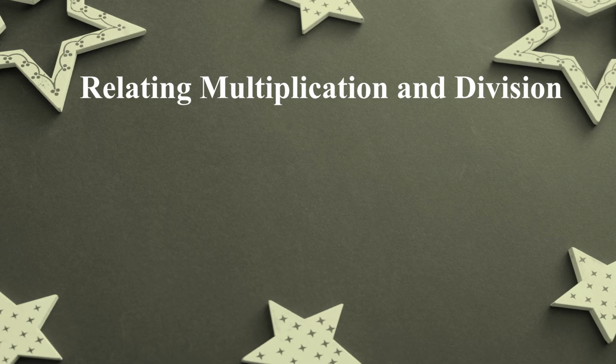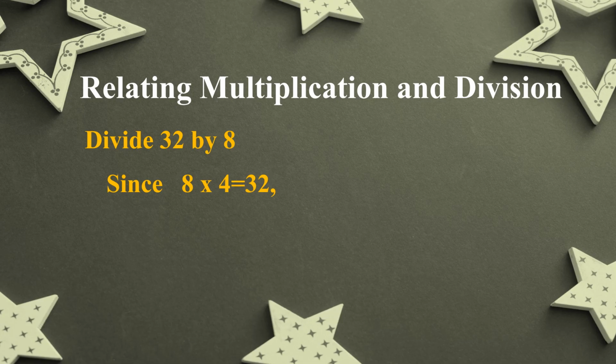Now let us relate multiplication and division. Let us divide 32 by 8. So we can write the multiplication and division facts of 32 divided by 8. We know that 32 is equal to 8 into 4. So 8 into 4 is equal to 32.